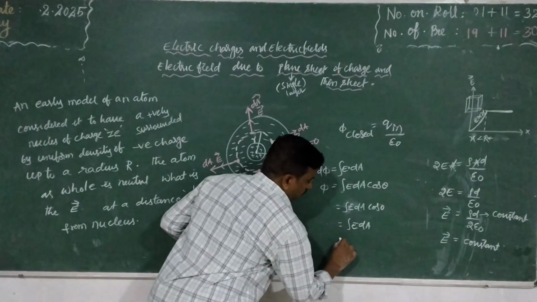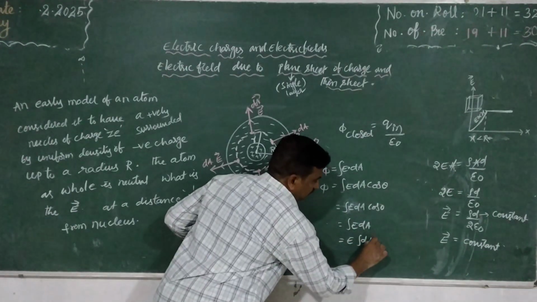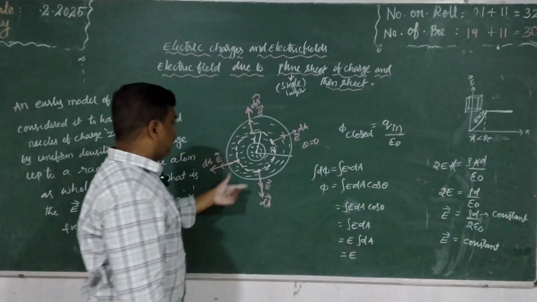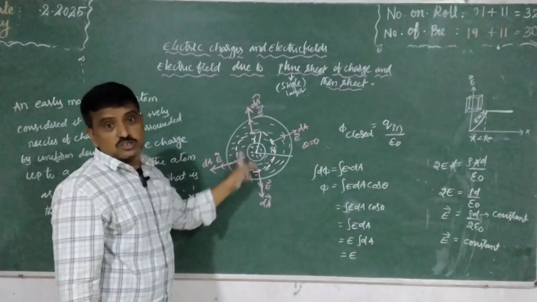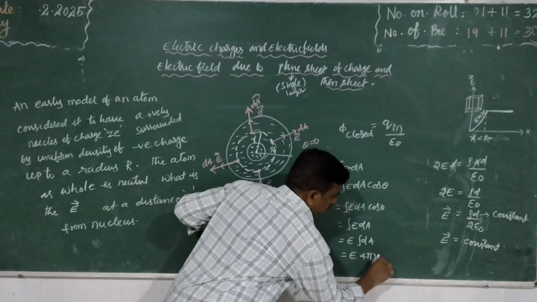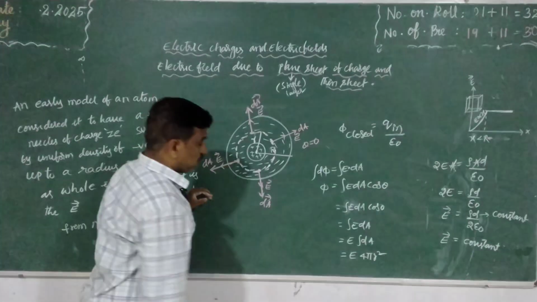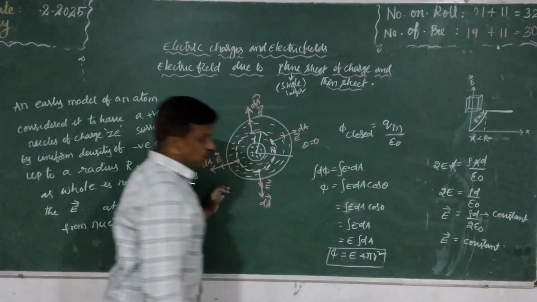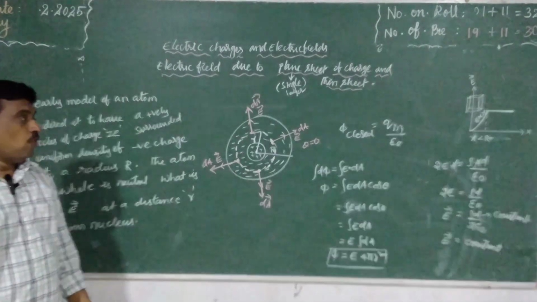We can write E outside, and the integral of dA is the surface area of this Gaussian surface, which is 4π r². So the flux through this Gaussian surface is E into 4π r².